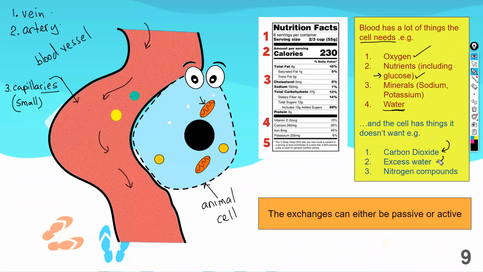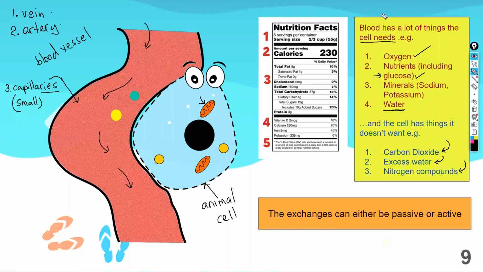It does not need excess water. And your cells can produce something, which we'll get into much later down the line, called nitrogen compounds. You see, inside some cells, there's something called nitrogen compounds, and it's toxic to human beings, and your body does need to get rid of it.